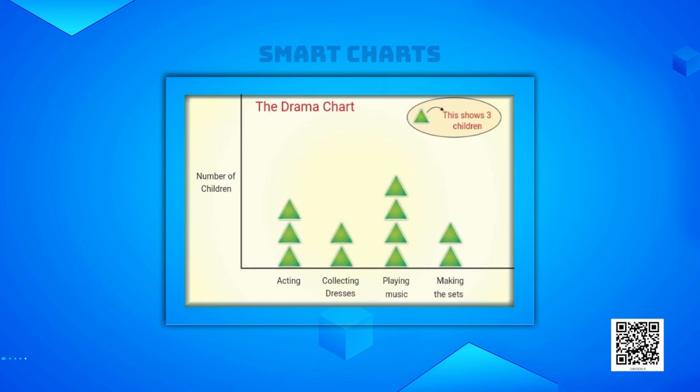Students, in the chart, you can observe the vertical line represents the number of children and the horizontal line represents the responsibilities they have shared up. So, here each triangle represents 3 children. Here the responsibilities are acting, collecting dresses, playing music and making the sets.